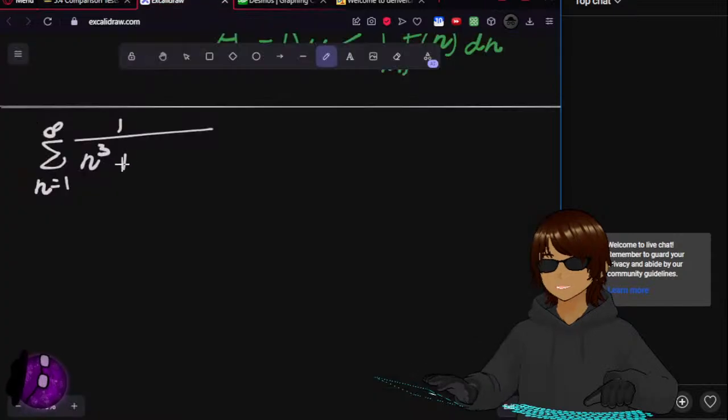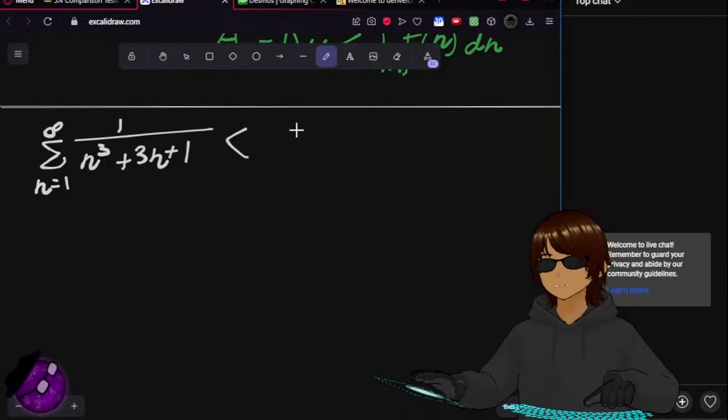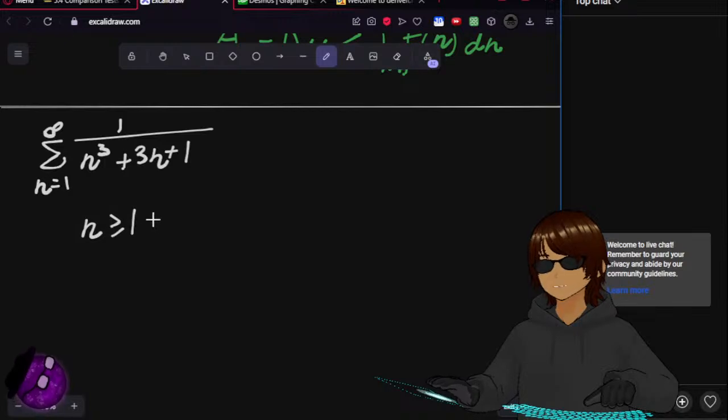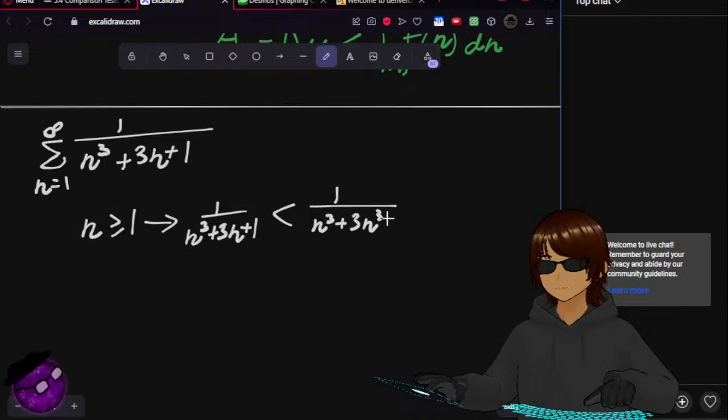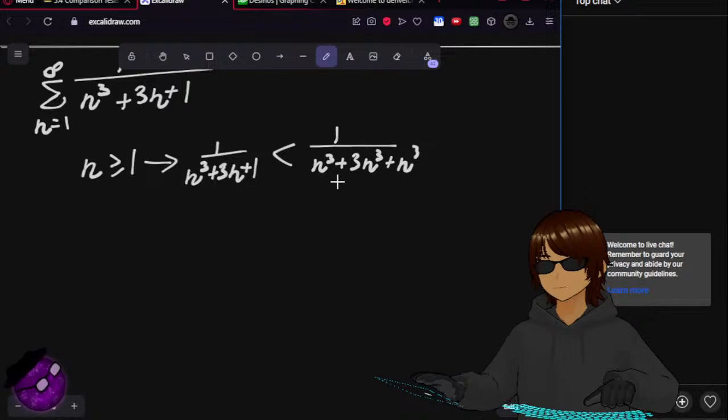Now, if n is greater than or equal to 1, then this over here would be less than... So 1 plus 3 plus 1 is 5.